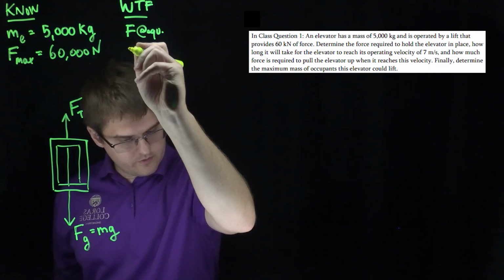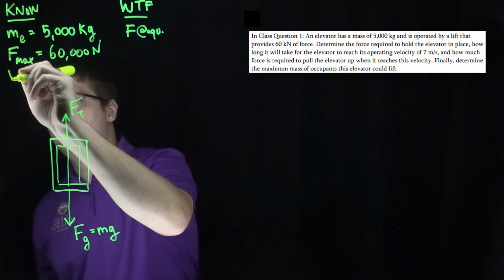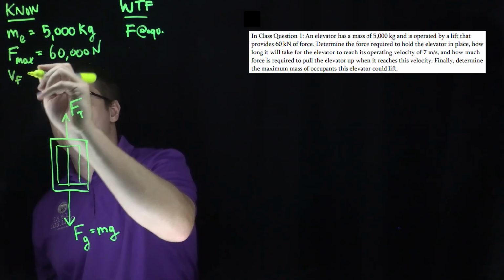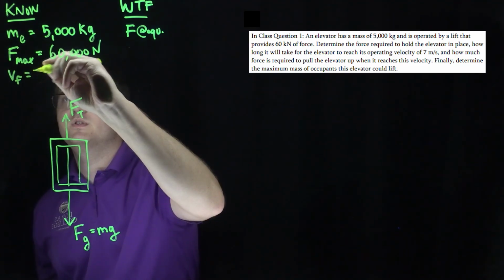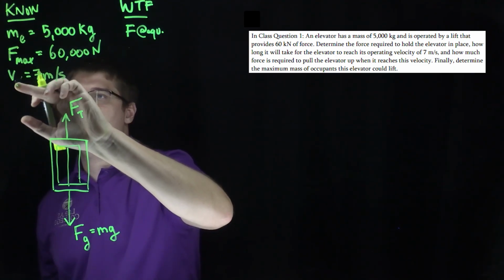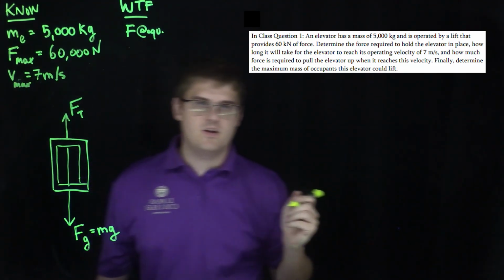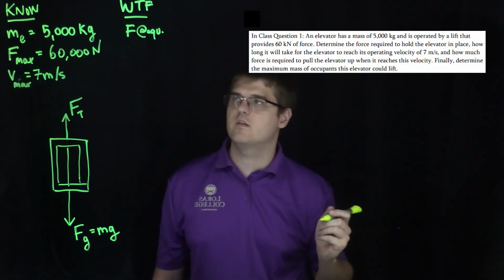We will ask if it's going to go a maximum of, so V final is 7 meters per second. Or actually, this is probably better called our maximum velocity. This elevator can get going up to 7 meters per second.